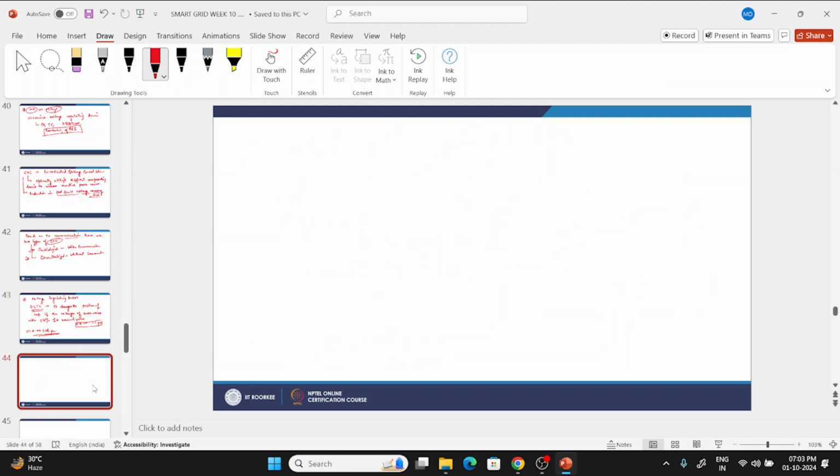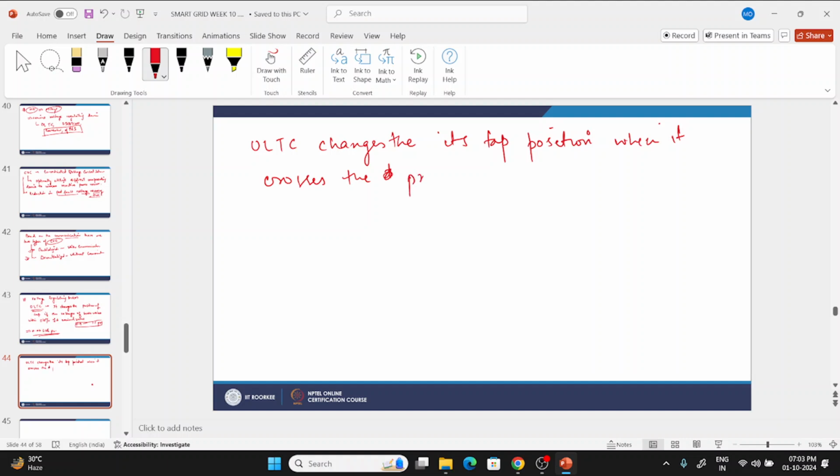I will write it down here. OLTC changes its tap position when it crosses the predefined deadband.